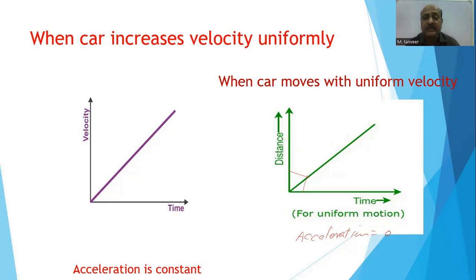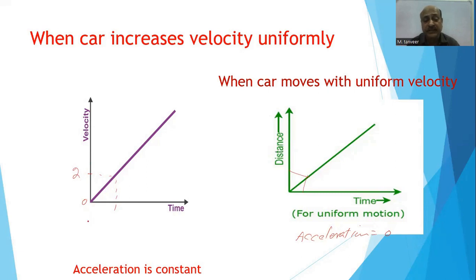For example, suppose acceleration is 2 meters per second square. Then at any time when you find the acceleration, suppose velocity is 0 here and velocity is 2 here, and time taken is 1 second.